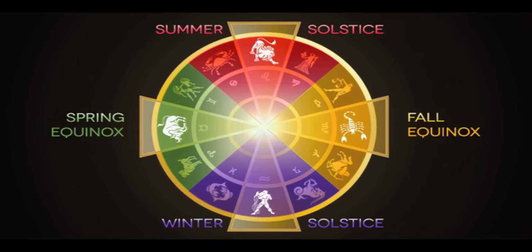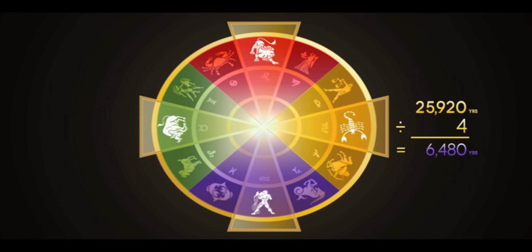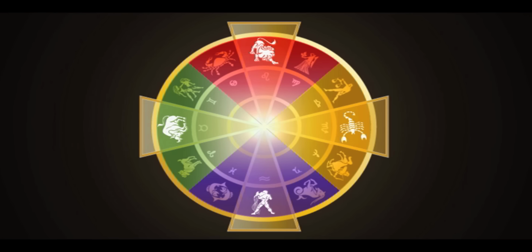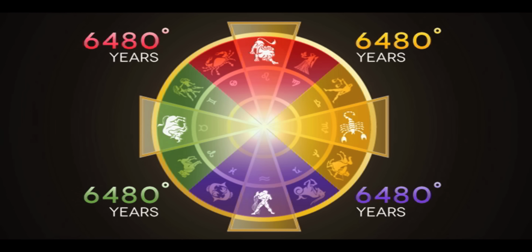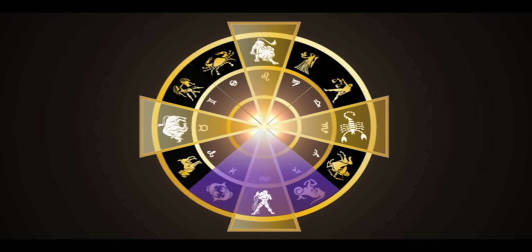If you divide 25,920 by 4 to determine the duration of each season, you'll discover that it's 6,480 years, which is interesting because 6,480 years, as you recall, was the total measure of the dodecahedron.